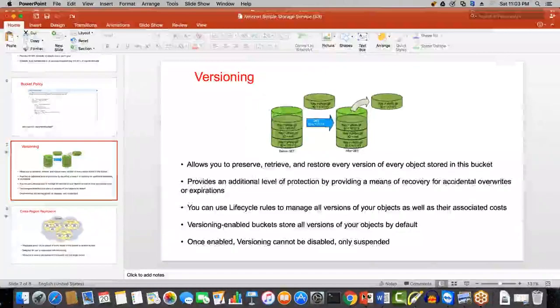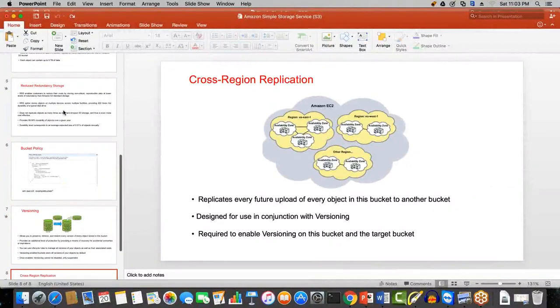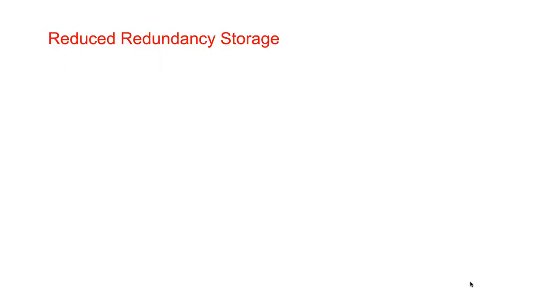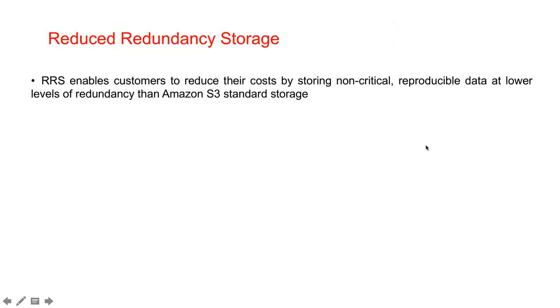Now we'll discuss the storage class that's called the reduced redundancy storage. Now, this word redundancy, it's very hard for me to pronounce, so I'll use RRS in the short form. So, this RRS enables the customers to reduce their costs by storing non-critical, reproducible data at lower levels of redundancy than Amazon S3 standard storage.